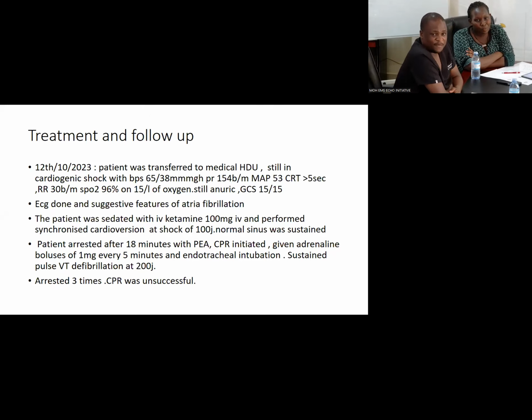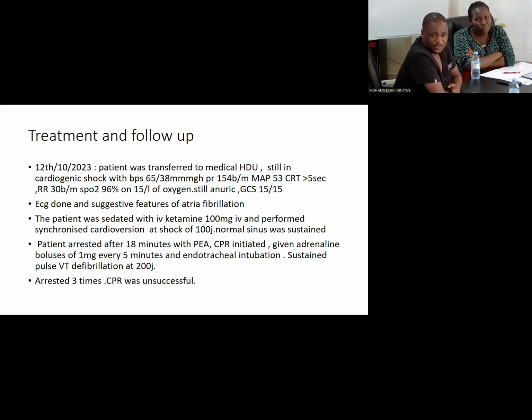We continued with the vasopressors, norepinephrine. However, after 18 minutes, the patient arrested with pulseless electrical activity. CPR was initiated, and adrenaline bolus 1 milligram was given every 5 minutes. The patient was intubated.